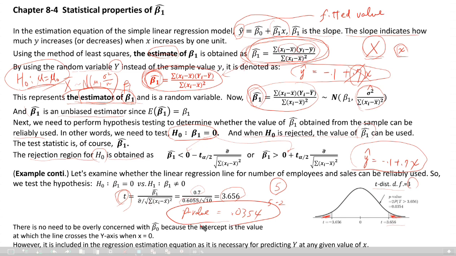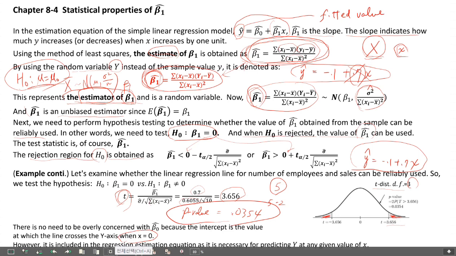Is that correct? There is no need to be overly concerned with beta zero hat, because what is beta zero hat? Beta zero hat is just the intercept. The intercept is the value at which the line crosses the y-axis when x equals 0. When x equals 0 is meaningless.